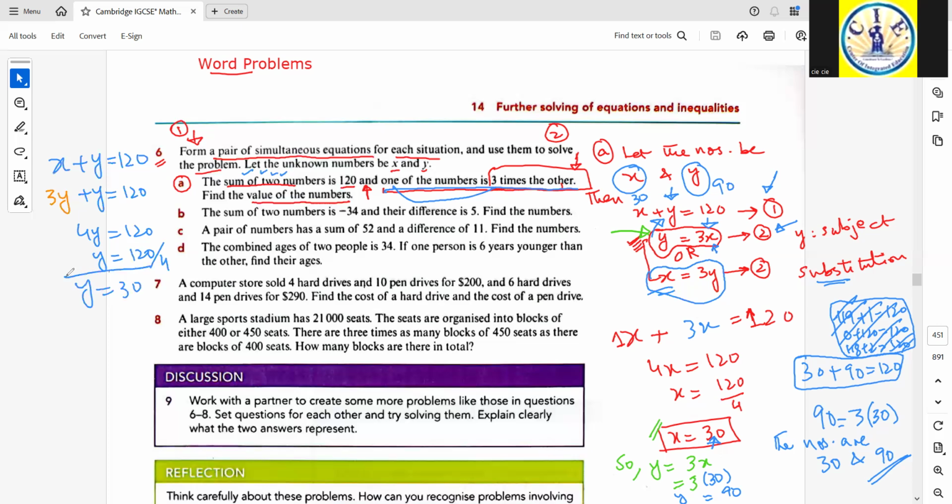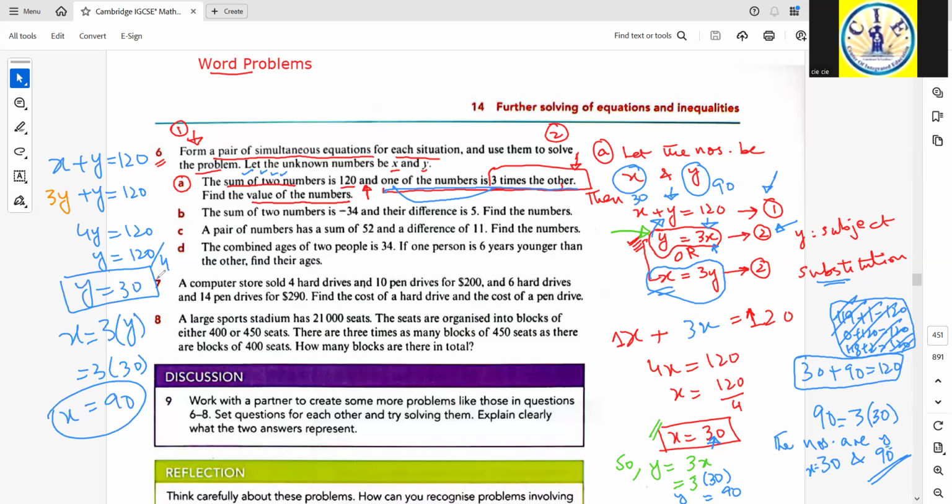And this time the variable y has become 30. So variable x would obviously be 3 times y, that is 3 times 30, that is 90. So only their names have been swapped. Previously x was 30 and y was 90.